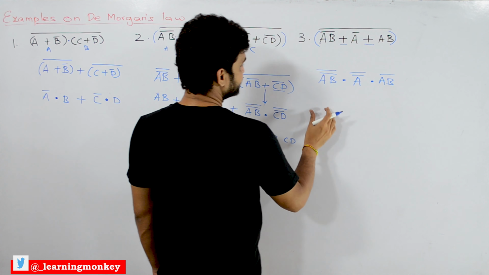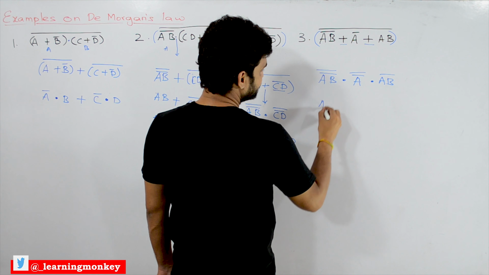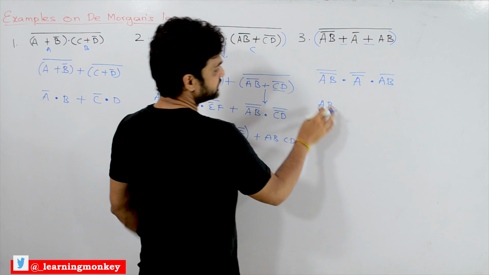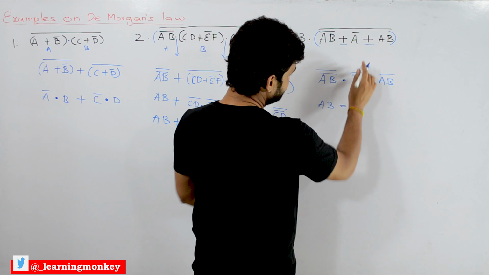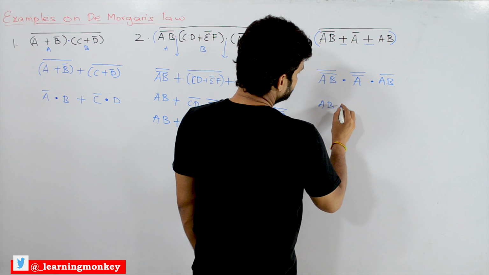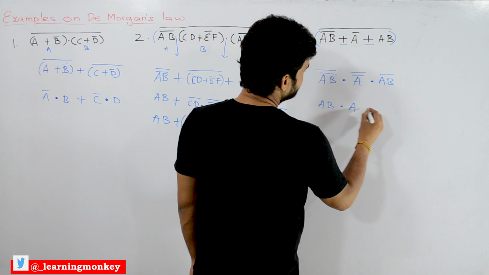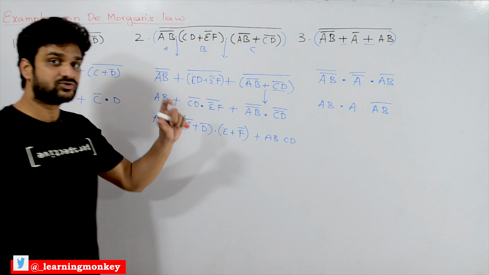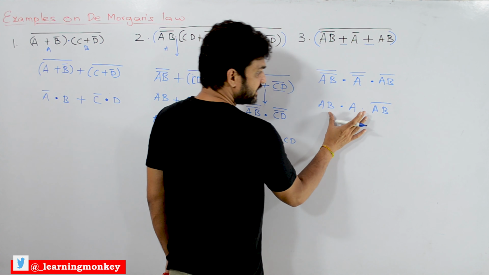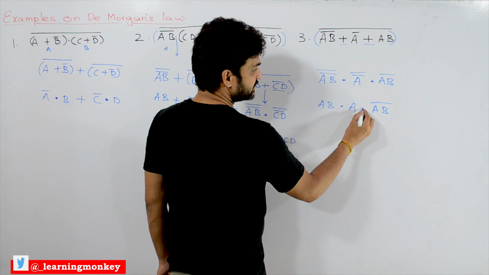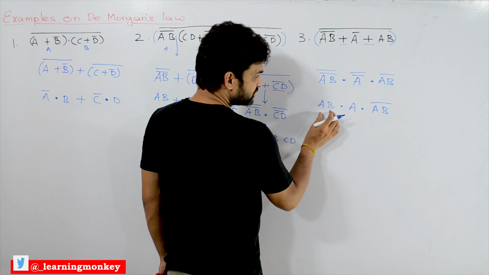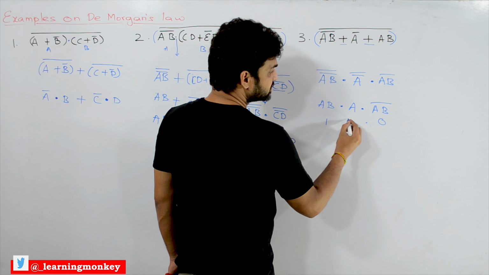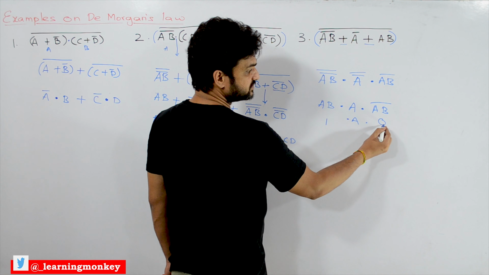So if you take this, this will get converted into (AB) complement whole complement, which is going to be AB, and (A complement) whole complement is going to be A, dot (AB) whole complement. If you closely observe, it is AB dot (AB) whole complement and everything is dot. For example, if you take this part as 1, this is going to be a 0.